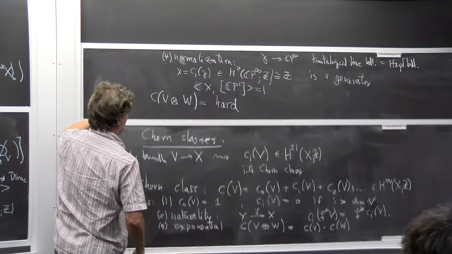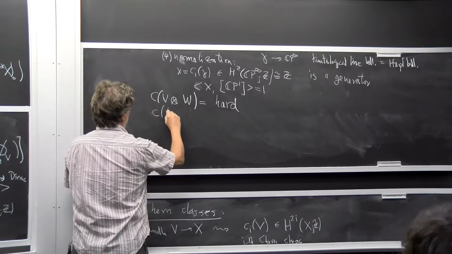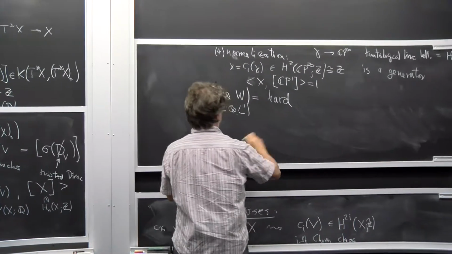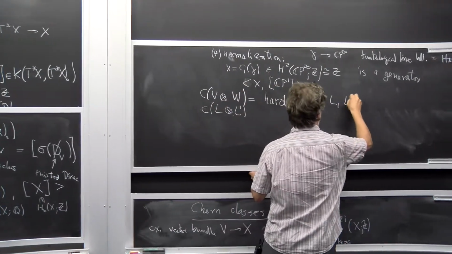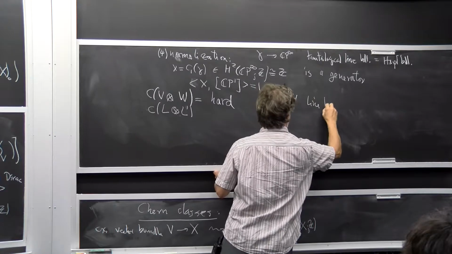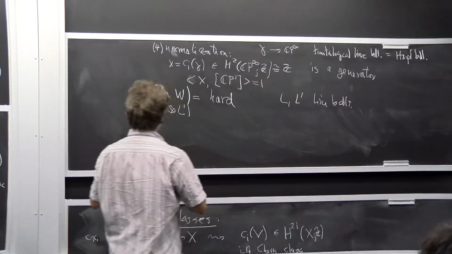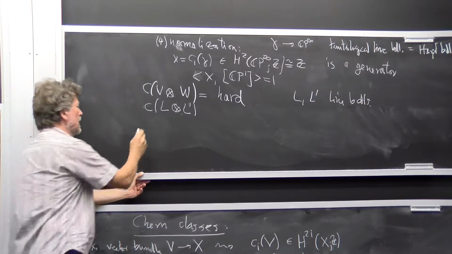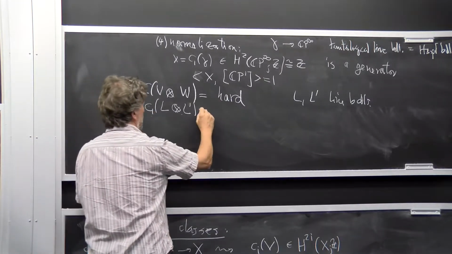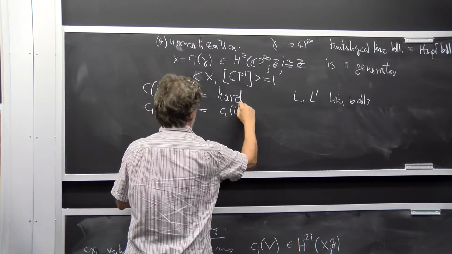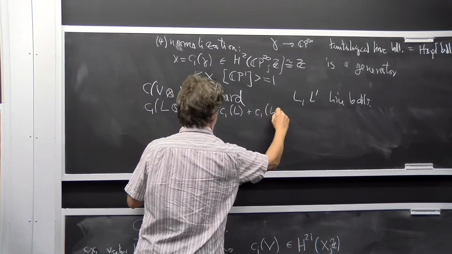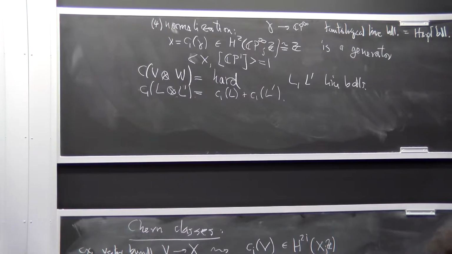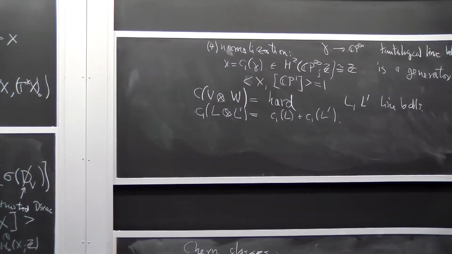The only case that's easy is, suppose that L and L prime are line bundles. Then it's easy. So first off, the tensor product is also a line bundle. Then the only interesting Chern class is the first Chern class. And the first Chern class of a tensor product is just the sum of these two first Chern classes. Well, that's easy. Well, what's the fix?